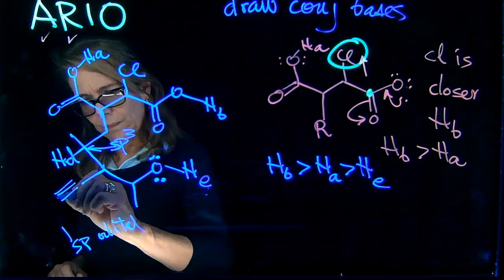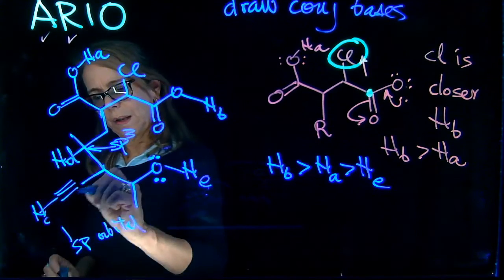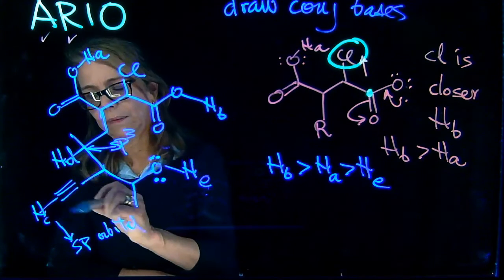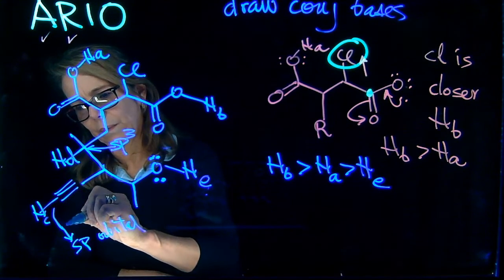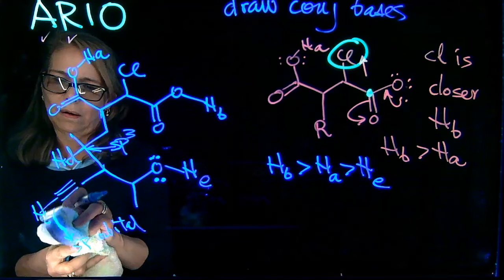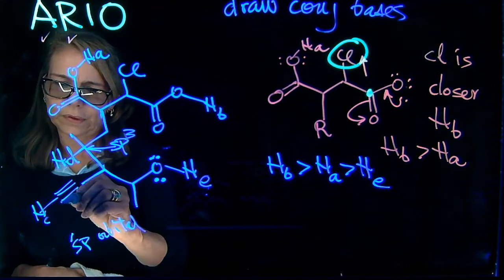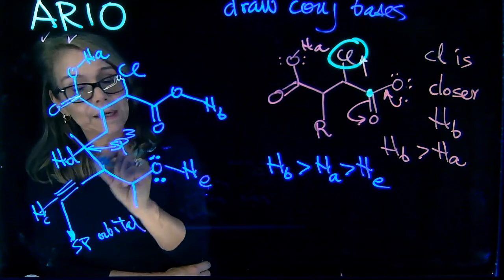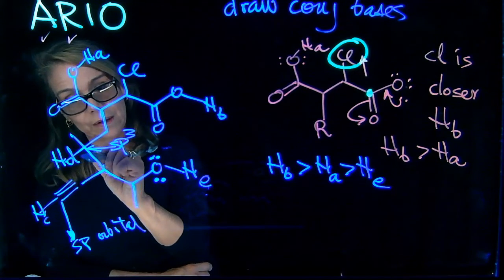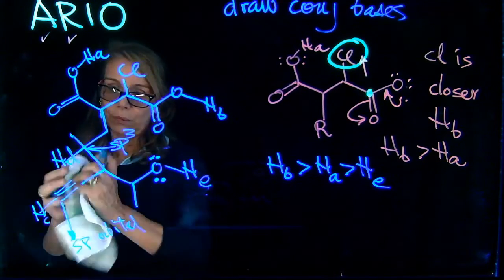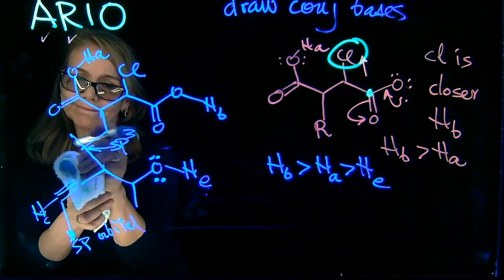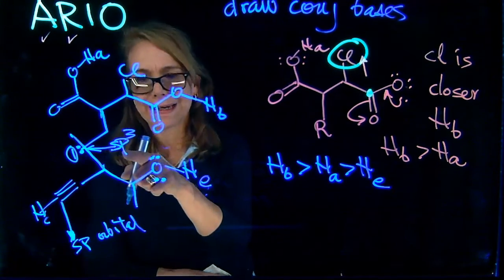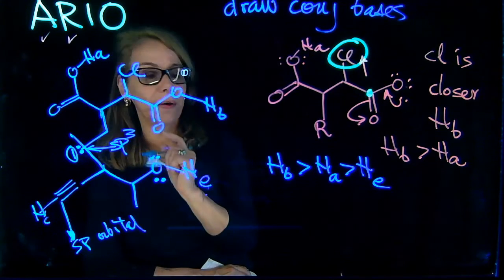If this was C, by removing that, the carbon is sp hybridized. Therefore, the lone pair is going to be on an sp orbital. Conversely, if I remove this hydrogen, then in the conjugate base, here's my lone pair, and it's going to be on an sp3 orbital. So I'm looking at that effect now.